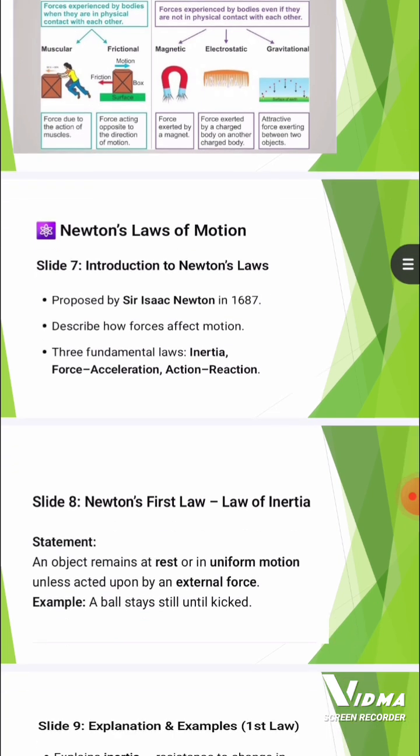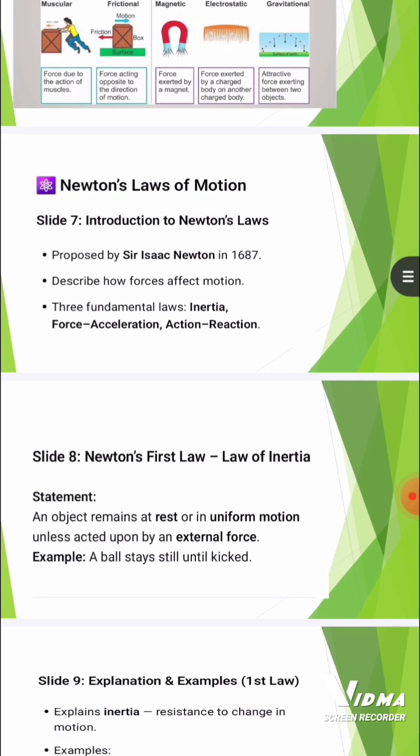First, Newton's first law, also called the law of inertia. Statement: an object remains at rest or in uniform motion unless acted upon by an external force. Example: a ball stays still until kicked.